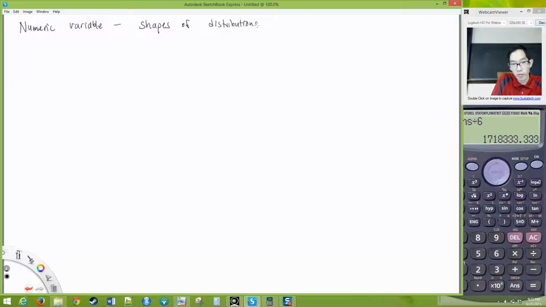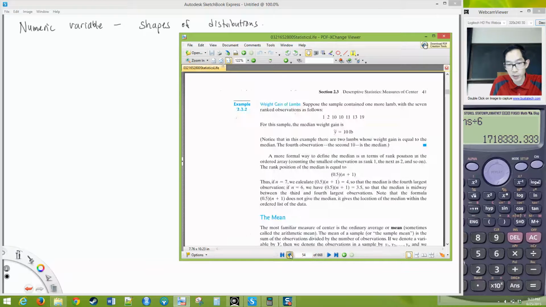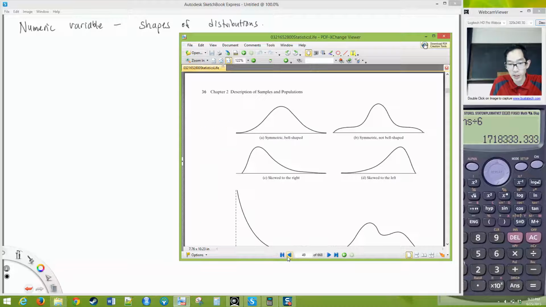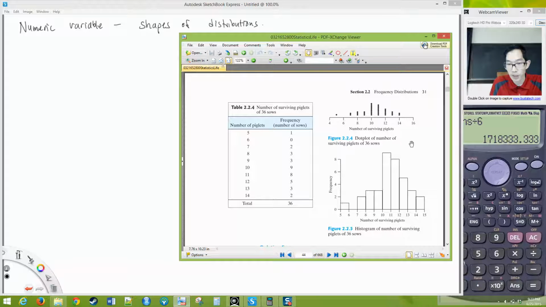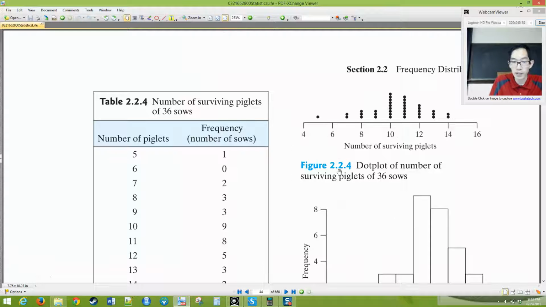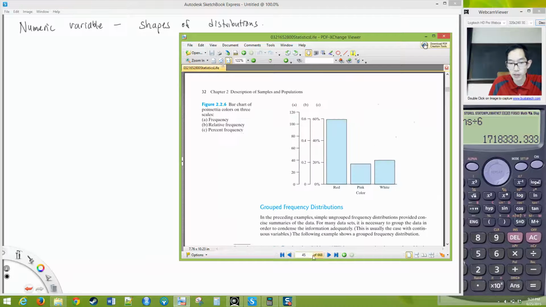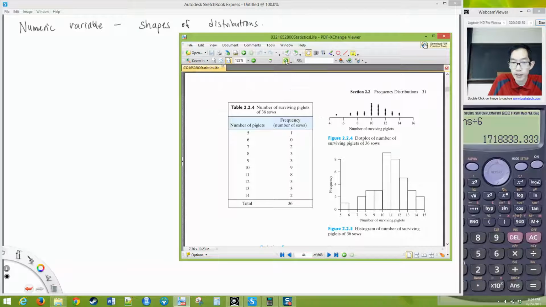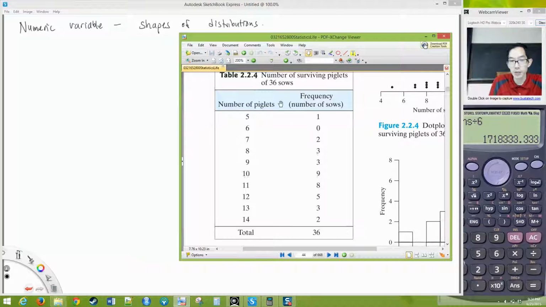Okay, so we have a graphic display called a histogram that we can use to show data that we have. Okay, so for example, here is what we call a frequency table. This is one way to summarize data, and this is a frequency table.